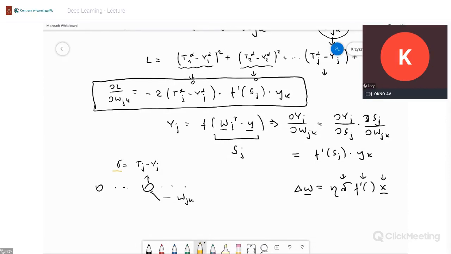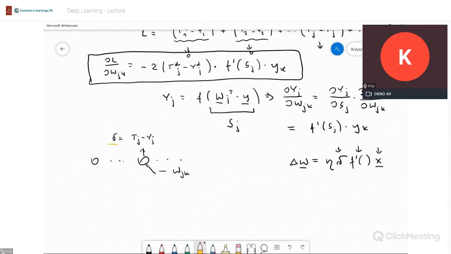So basically I can say that an update of this weight w_jk will be eta times (t_j minus y_j) times f prime S_j times y_k, because this is my error.